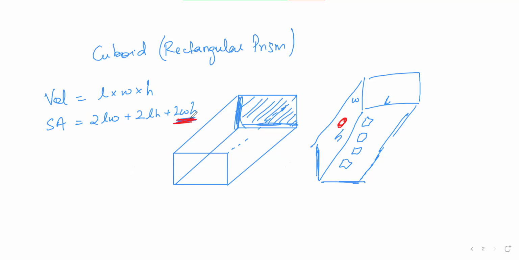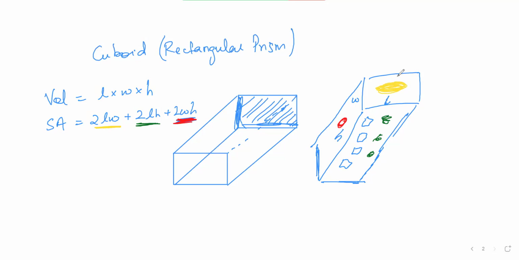Twice length into height is the window portion. And twice length into width is the terrace of the building.